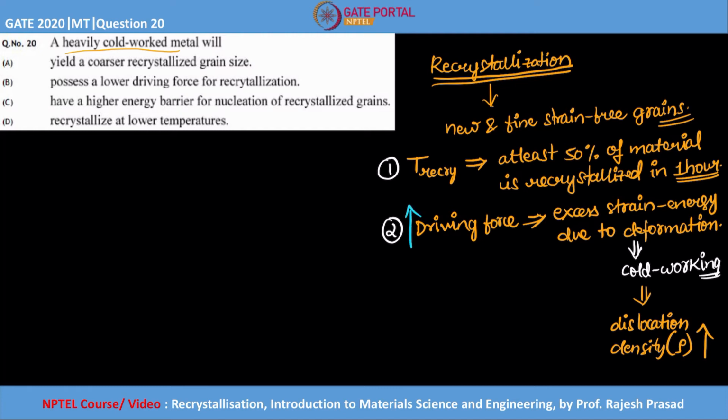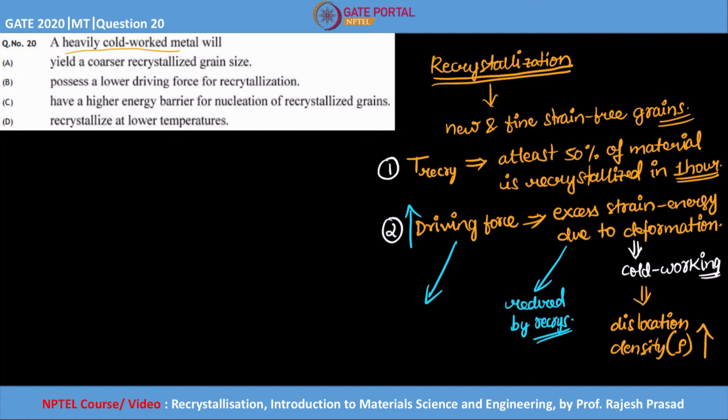If the driving force is increased, recrystallization can be easier, because the excess strain energy possessed by the system has to be reduced by recrystallization. More strain energy, easier for recrystallization to take place. That means the higher the strain energy, which is the driving force, the easier the recrystallization process.